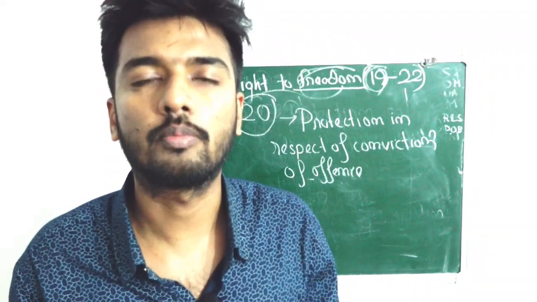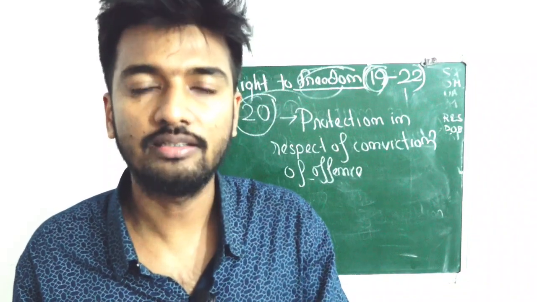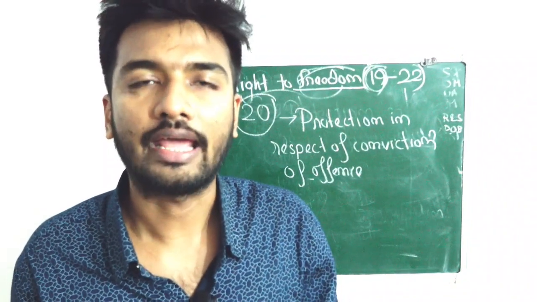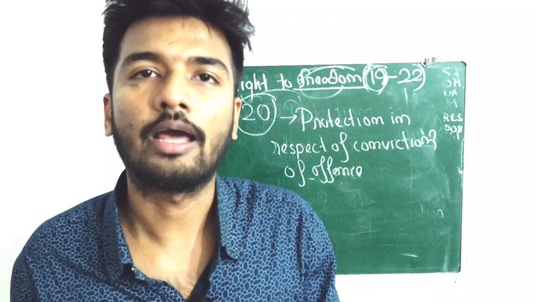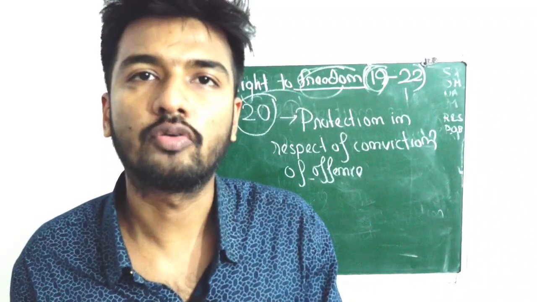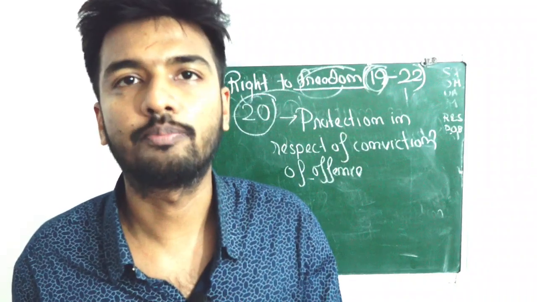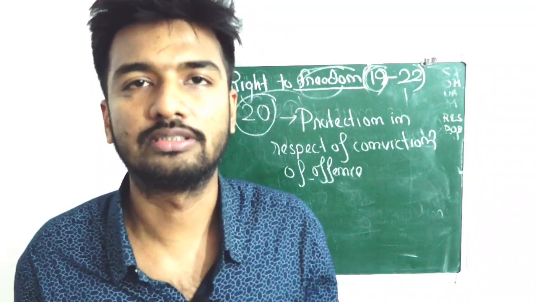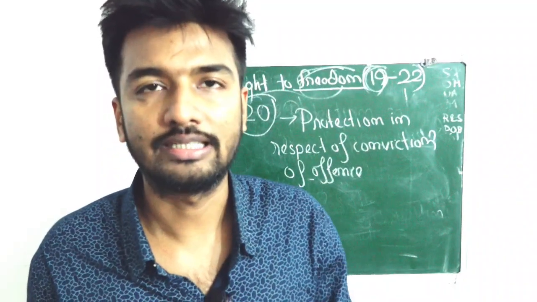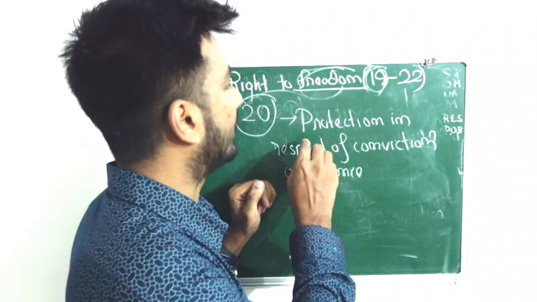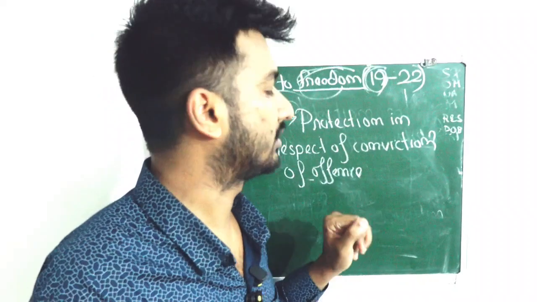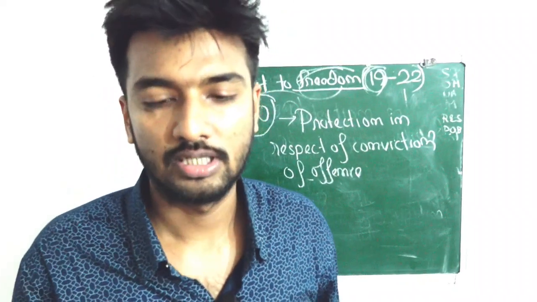He will get food, proper clothes, respect behind the bars, and if injuries happen or his health deteriorates, he will get all the medical checkups like the pre-trial detention prisoners. That is about Article 20, protection in respect of conviction of offense.